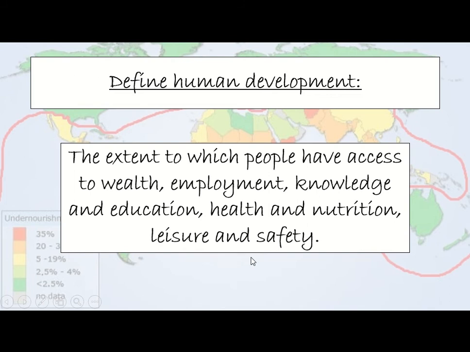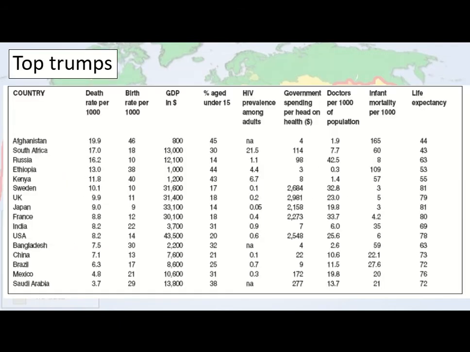So number of murders per person in that country, or access to sporting facilities, for example. Number of gyms in that country. Anything is a single measure of development which could tell you about how socially developed a country is.